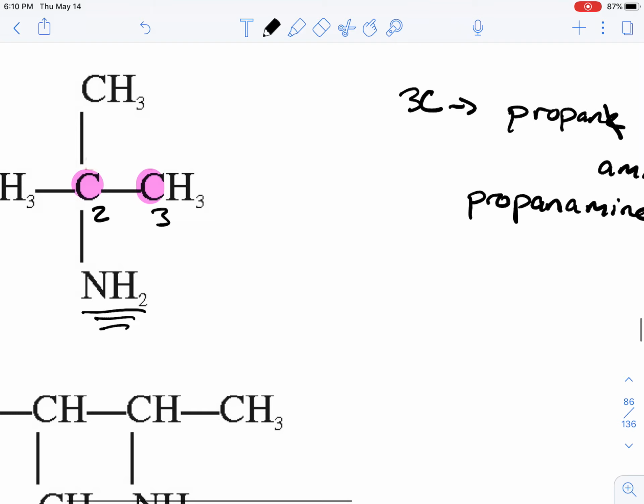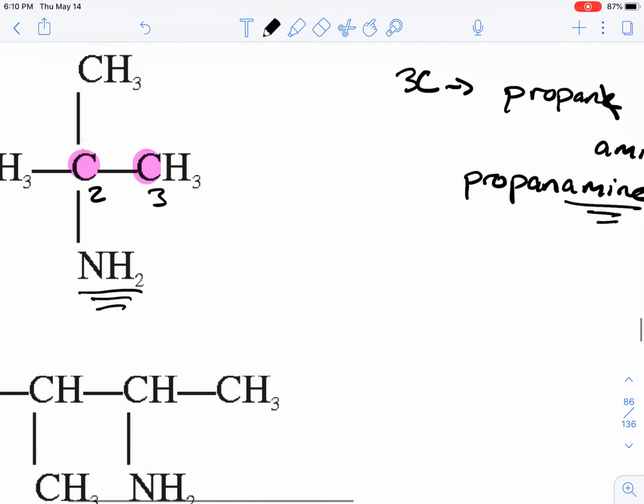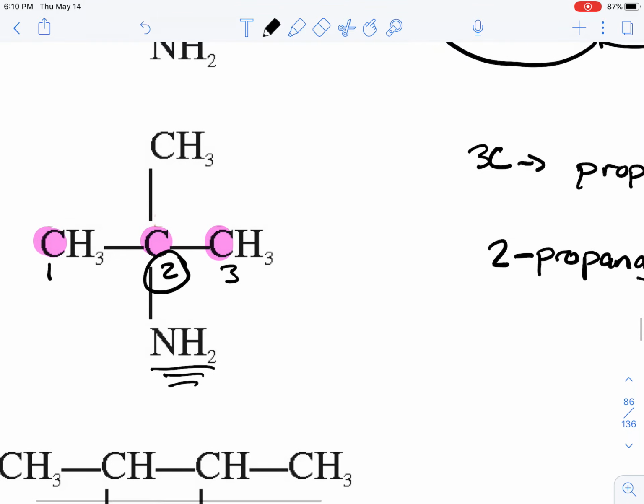And so we need to communicate to the reader where this amine is found on the carbon chain. And it's going to be on carbon number 2. So I'm going to go ahead and put in 2-propanamine. But we're not done yet because we have one last carbon that is not highlighted. And this is going to act as our substituent. Since we have a methyl group on the second carbon, we're going to say 2-methyl.